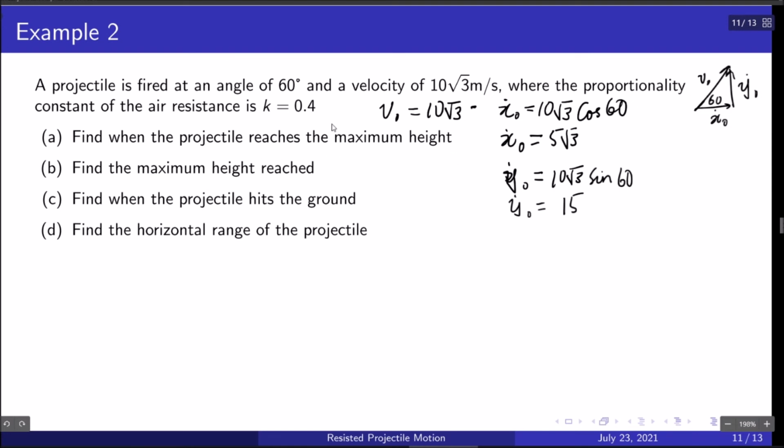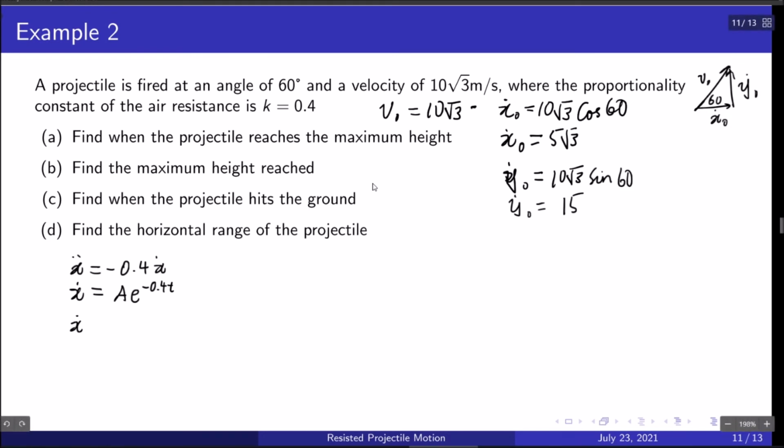Now, before we actually attempt any of these, we really should set up the equations of motion. So obviously, x double dot equals negative 0.4 x dot, horizontal resistive motion proportional to the velocity. And solving this equation, we end up with x dot equals A e to the power of negative 0.4 t, and of course, A is just the initial velocity.